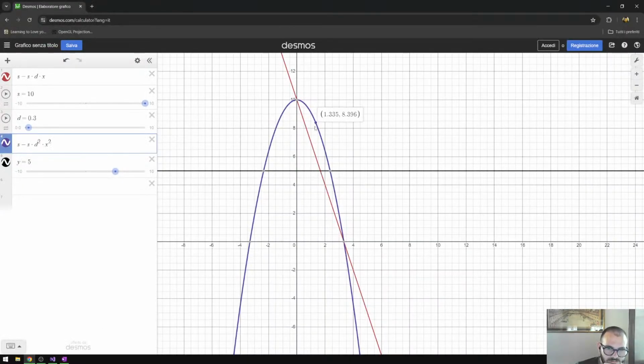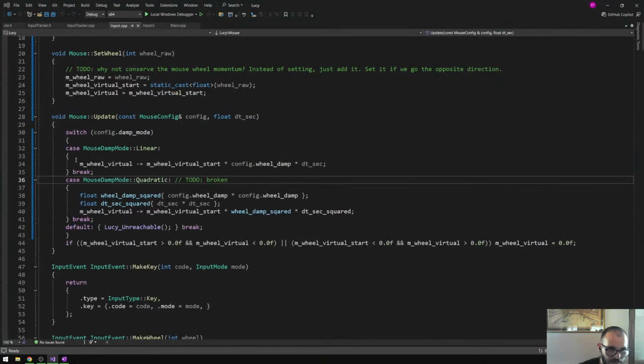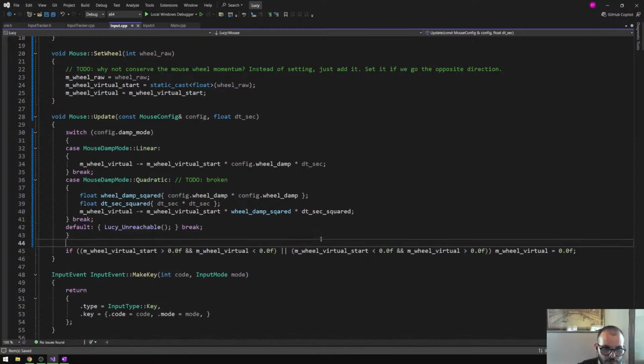Because this works, because this is what we want, but we don't have this. That's the problem that we have.